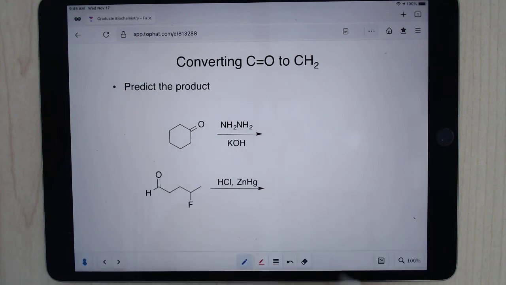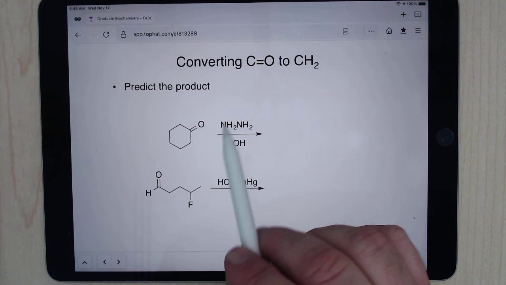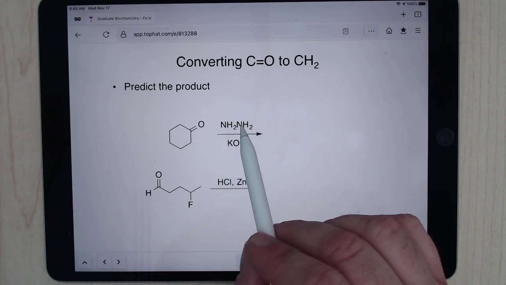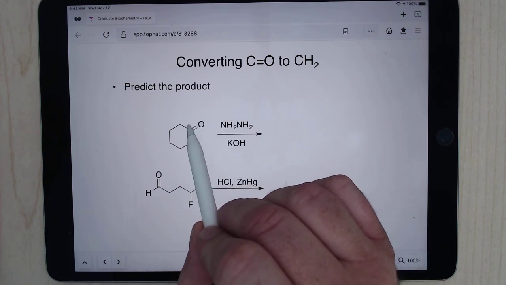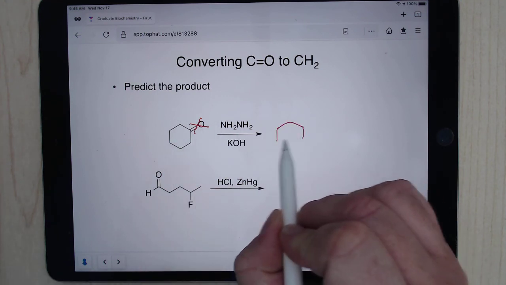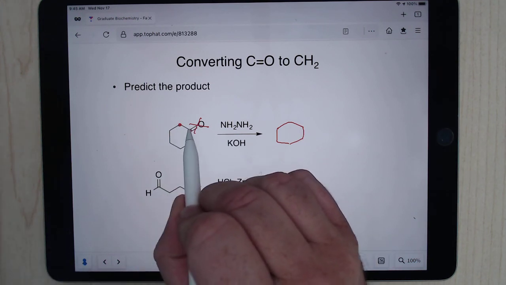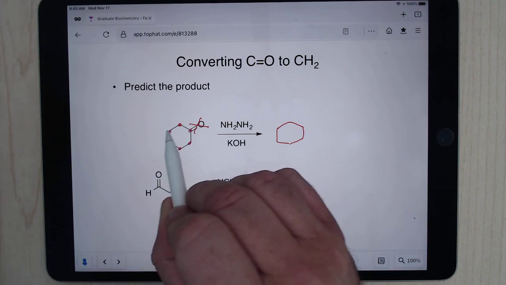And so if you're going here, aha, we have hydrazine, which is one of the few times you see this. We're going to be doing this, right? We know that we're going to take out that C double bond O, and so our new product is simply going to be that: cyclohexane.